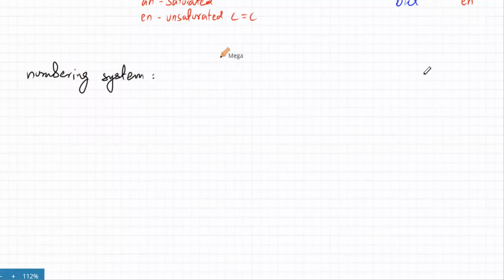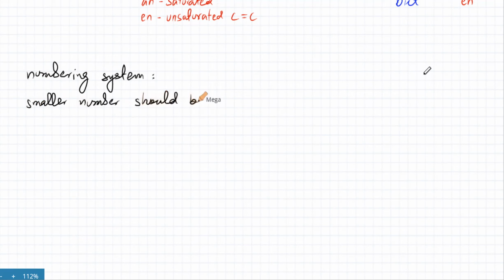The rule for the numbering system is that the smaller number should be given to the highest precedence group.